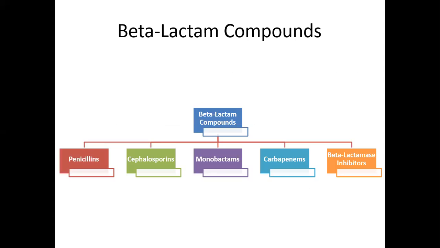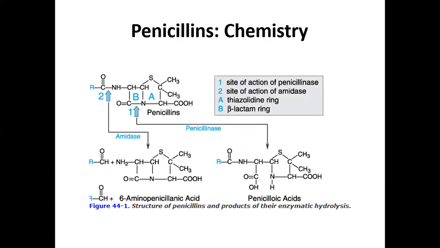We have penicillins, cephalosporins, monobactams, carbapenems, and beta-lactamase inhibitors. When we go through these particular drugs, you'll understand what beta-lactamase inhibitors really are. But we are going to go through the penicillins for now.